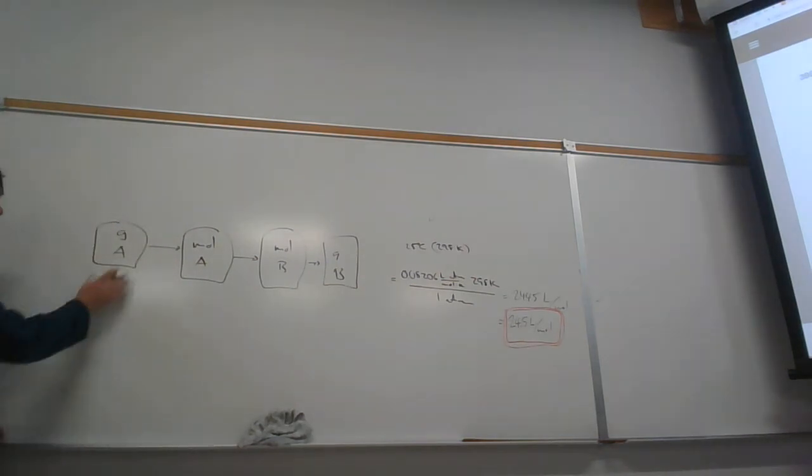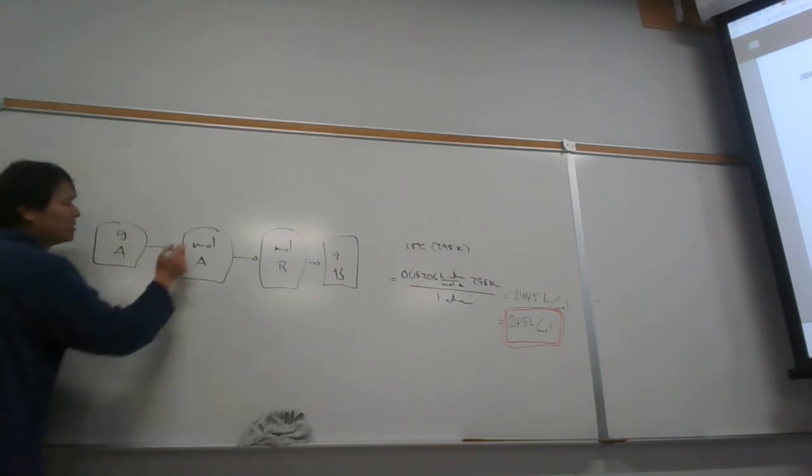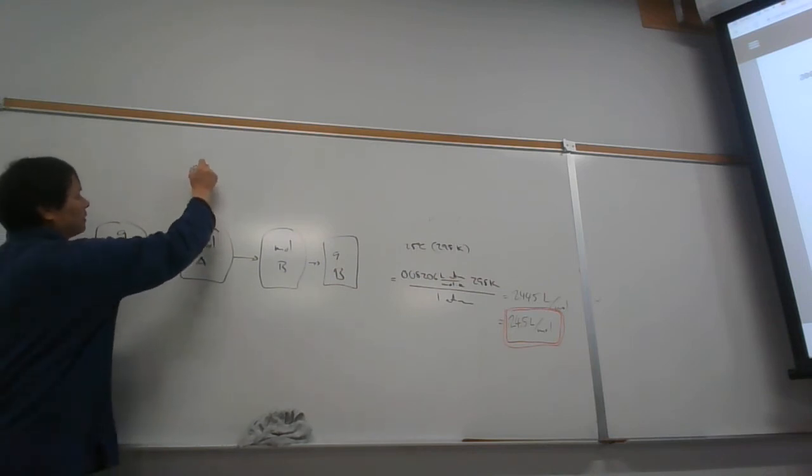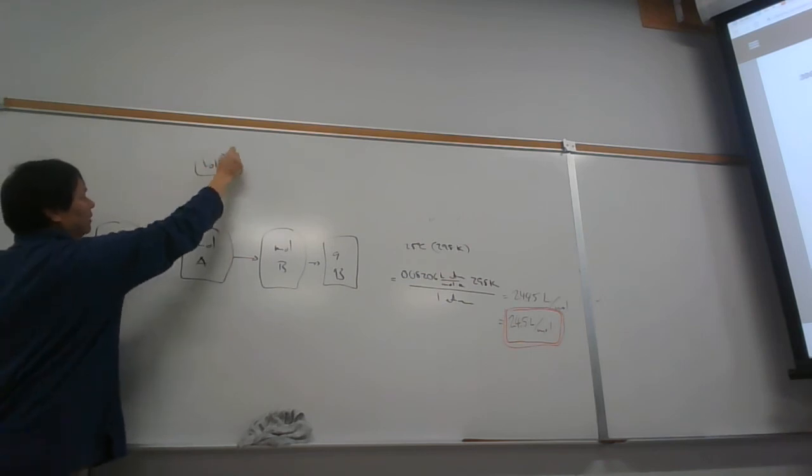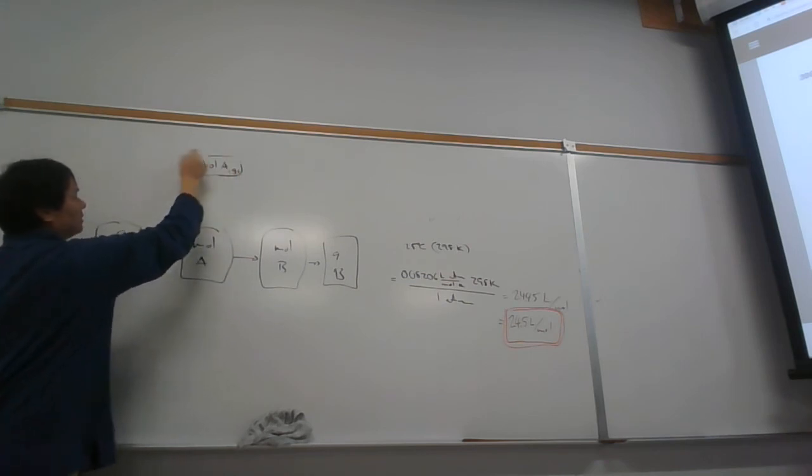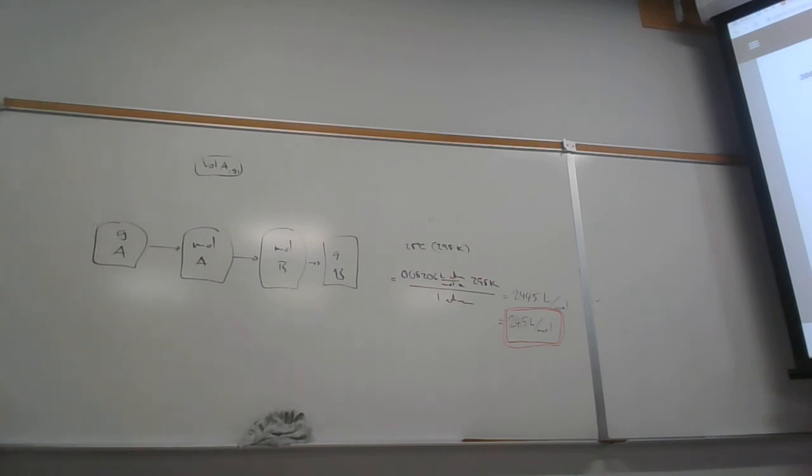Weighing gases is not so easy. So if A is a gas, I'd rather not weigh it. Instead, I'd probably measure its volume. So we'll have volume of A up here, and A has to be a gas in this case.